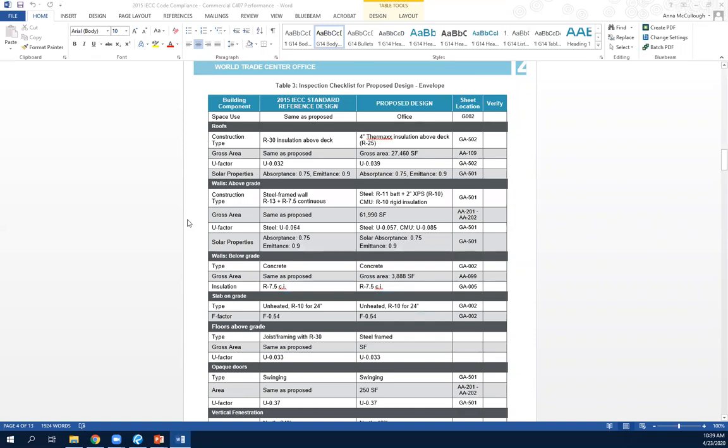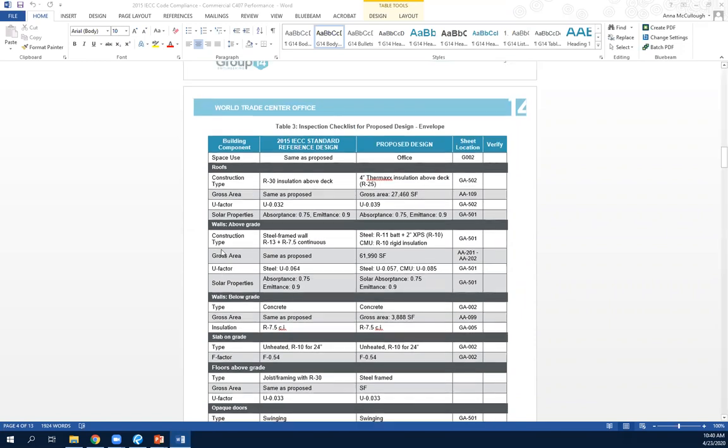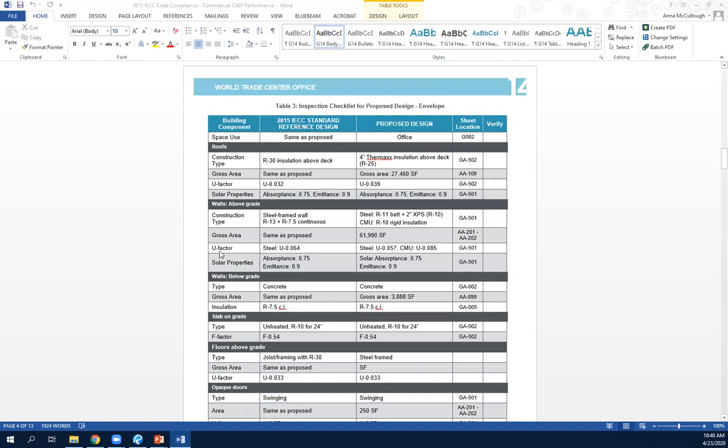I like that. So on y'all's submittals, I see your sheet location is different. Do you have an energy summary section that is y'all's protocol, or how do you go about summarizing the energy portions of the building?